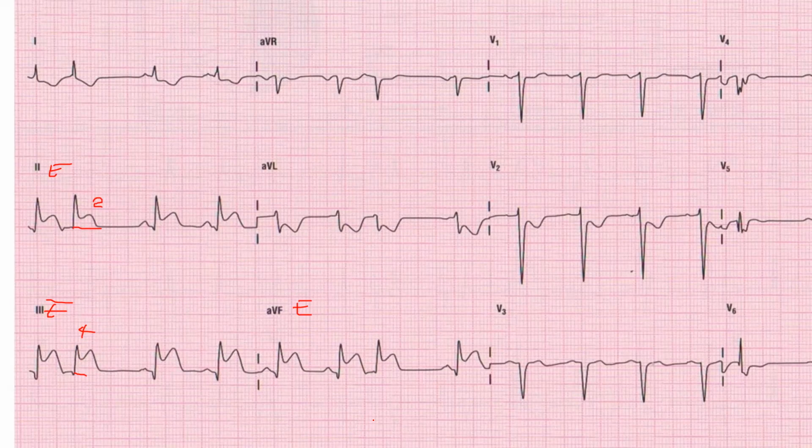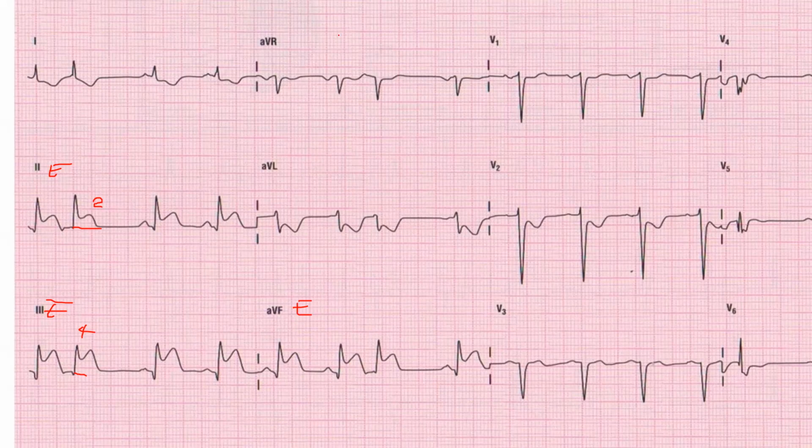Anytime we have an inferior wall MI, we need to see if the right ventricle is involved. And in lead 3, ST elevation of 4 millimeters is greater than the ST elevation in lead 2. So yes, we have right ventricular infarction in the presence of an inferior wall MI.